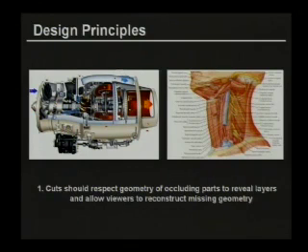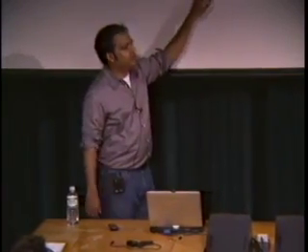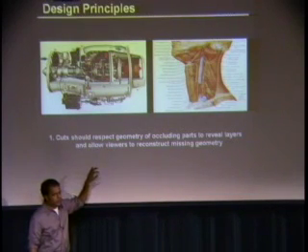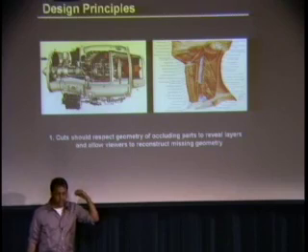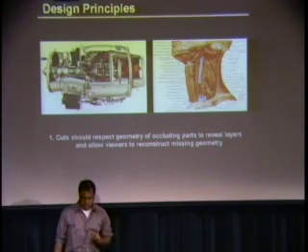We want to reveal the layering relationships between the occluding parts and the parts you're trying to expose. And the reason you want to respect the geometry is that this can provide a way for viewers to mentally reconstruct the missing geometry. I'll explain this in more detail in a few minutes.